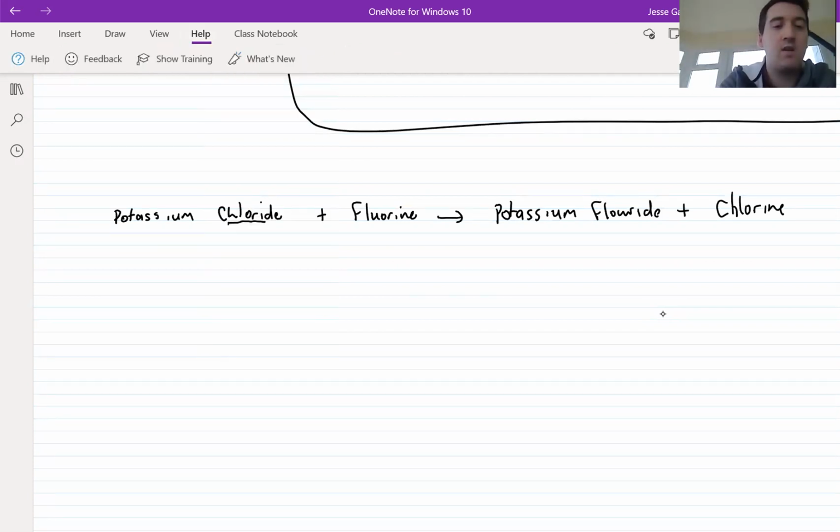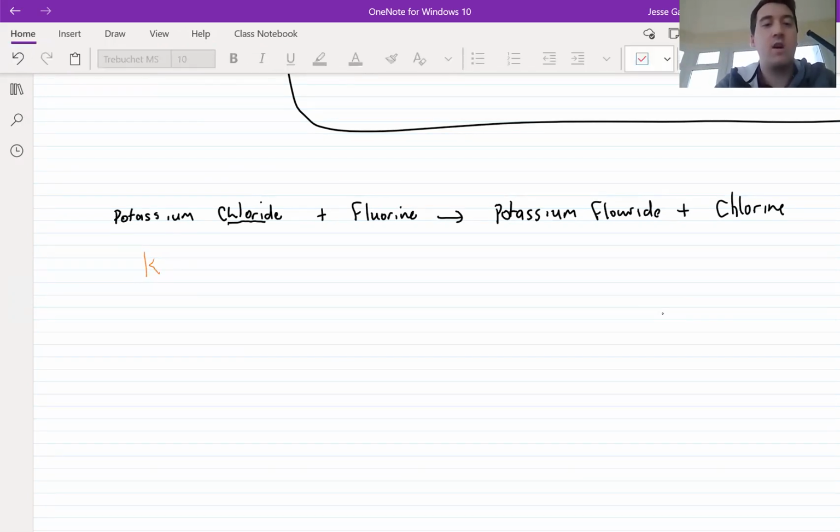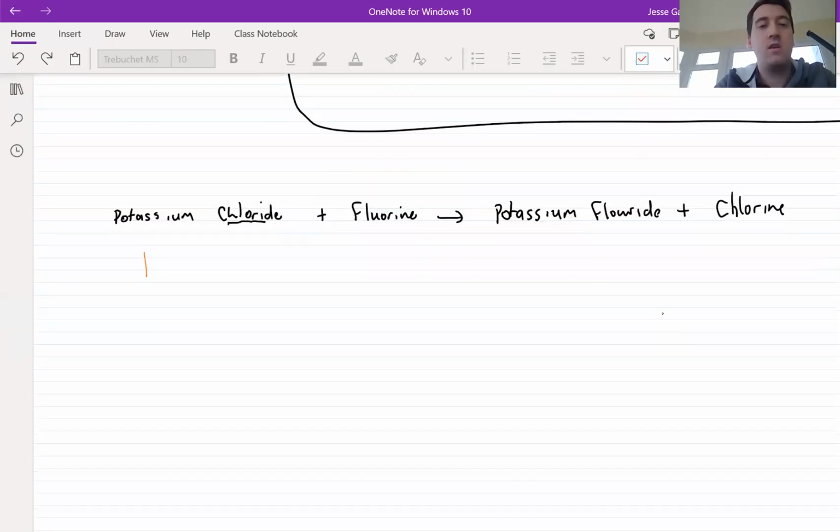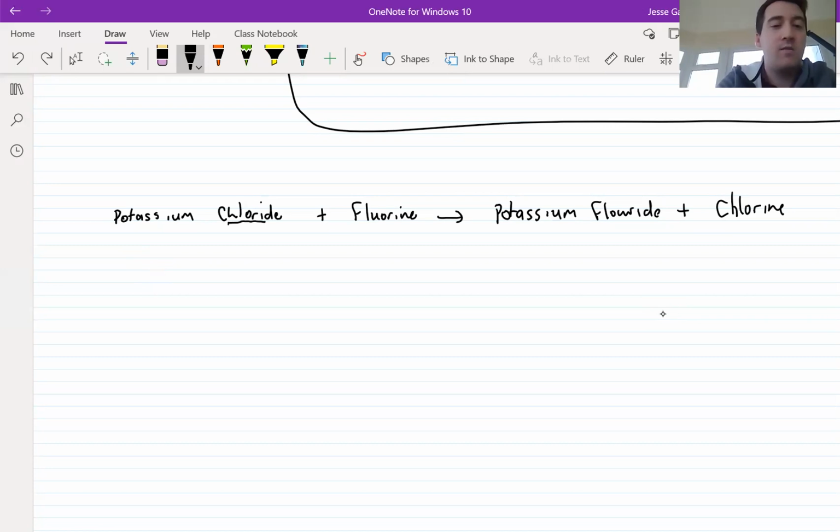We've got KCl, which is potassium chloride, and we're reacting it with fluorine, F2. So it's a diatom, fluorine, diatom. And we're getting KF, potassium fluoride, plus chlorine, Cl2.